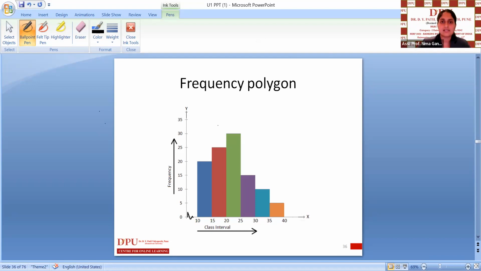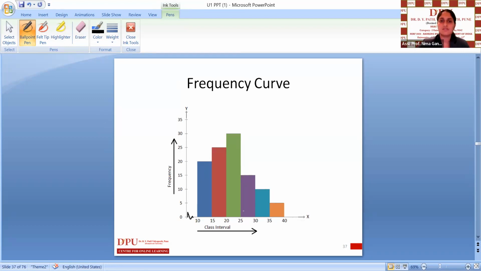Then we find the midpoints of the bars, and then we join them by straight lines. Whatever figure is formed is your frequency polygon, because it is a closed figure drawn using straight lines.